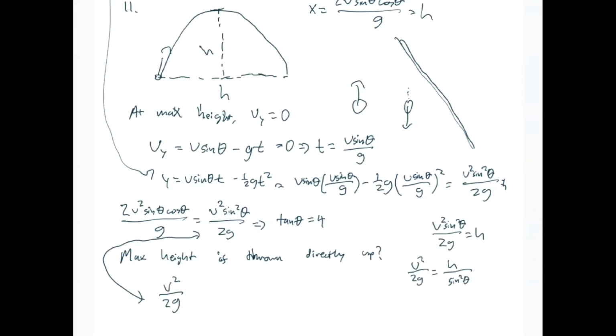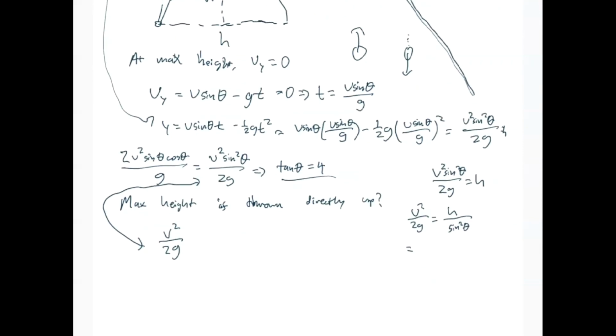So now we can just use math. We know what theta is. If we didn't want to use a calculator, we could just use trig identities. So we'll get that this thing is true.